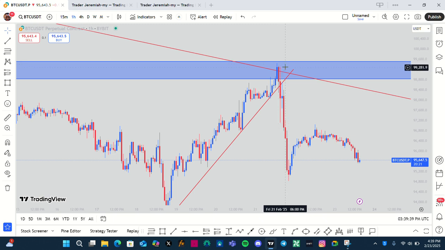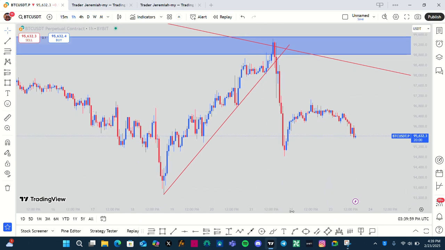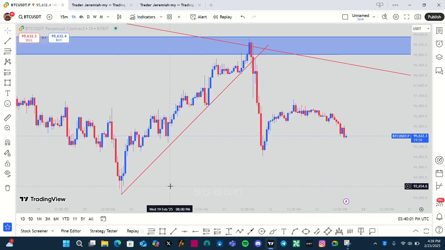After price starts rejecting from this trend line, supply zone, and also the Fibonacci area, so after having those three confirmations, I go to the 1 hour time frame to look for my entry. After this counter trend line breaks, I enter a sell position at the 1 hour candle that breaks there.